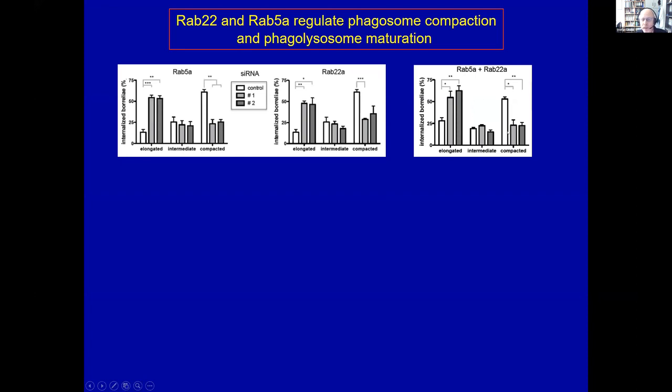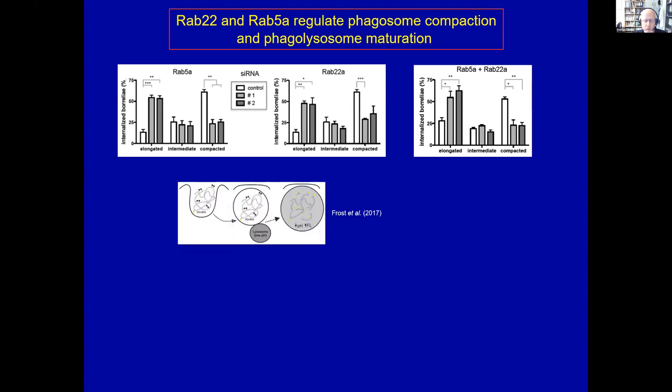So this means that both proteins work in the same pathway. And if you interfere at one point of this pathway, this is enough to disturb the machinery there. So RAB5A and RAB22A somehow work together in these membrane tubulation events that lead to compaction and eventual degradation of the Borrelia in these phagosomes.